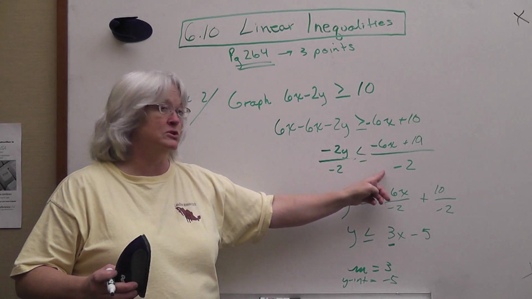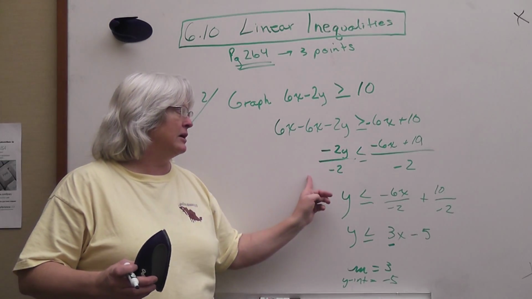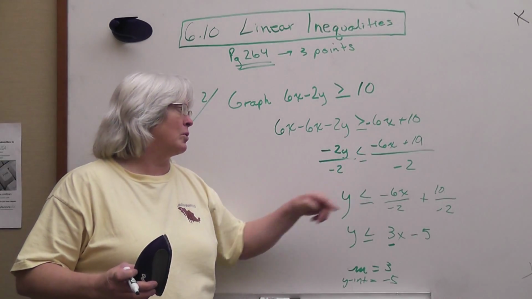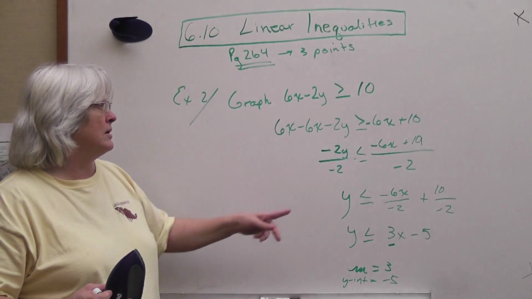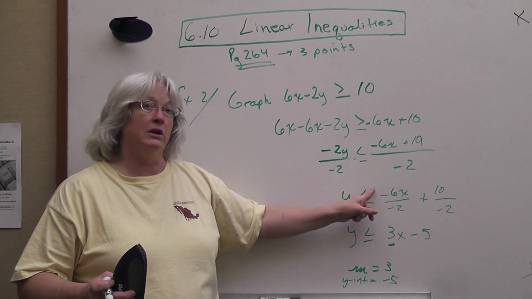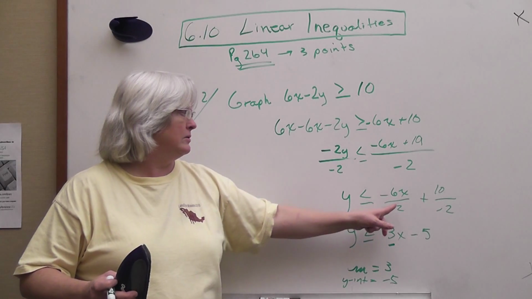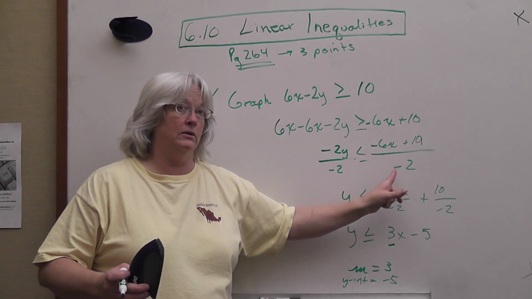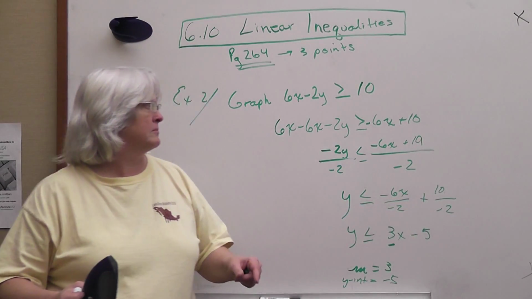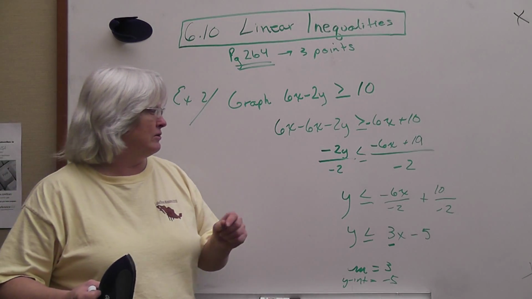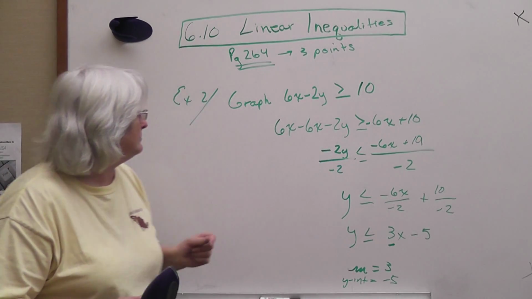But since we're dividing by a negative 2, the direction of the inequality changes. That gives us y is less than or equal to negative 6x divided by negative 2 plus 10 divided by negative 2. Y is less than or equal to 3x minus 5.